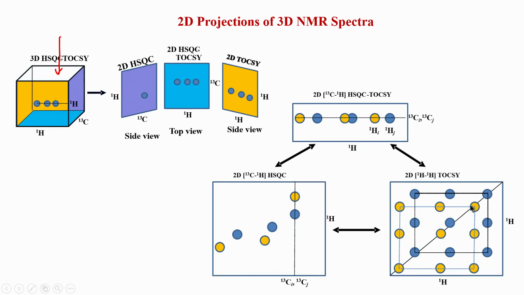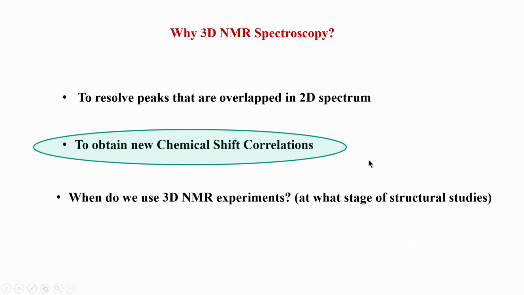So this family, one spin system, separates from the second spin system, which looks different. 3D is basically able to resolve the peaks which otherwise overlapped in 2D. They overlap because they come in the same carbon line and have the same carbon chemical shift, but they have different proton chemical shifts. Because of the different proton chemical shifts, the TOCSY part was able to resolve them. So a combined 3D helps us resolve the spin systems, whenever we have peaks that are overlapped in a 2D spectrum. We looked at that.